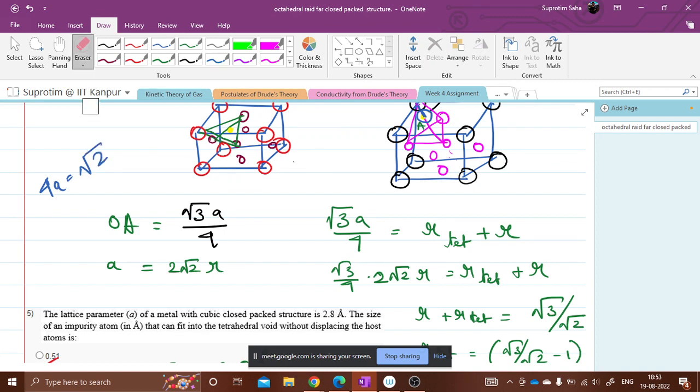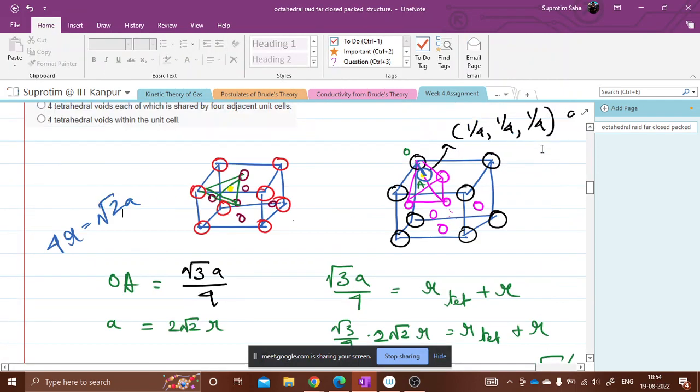As I showed you, just consider this. This will be one radius of the host atom, one radius of the host atom, that makes it 2, the diameter considered, and then 2 more radii of the host atom, that makes it 4 radii of the host atom, and this diagonal is root 2a.